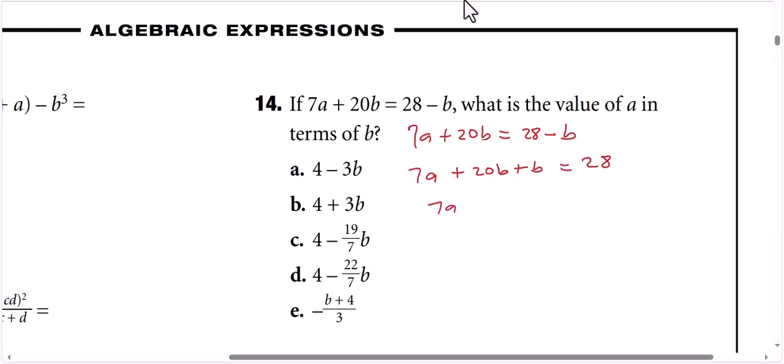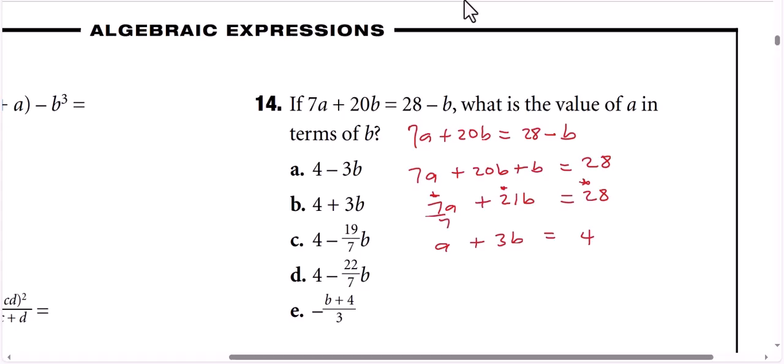So 7a plus 21b, because 20 plus 1b is 21, equal to 28. Before we solve for that, I want you to observe 7, 21 and 28. They have a common factor that can divide through, which is 7. So dividing through by 7, this becomes a plus 3b is equal to 4.